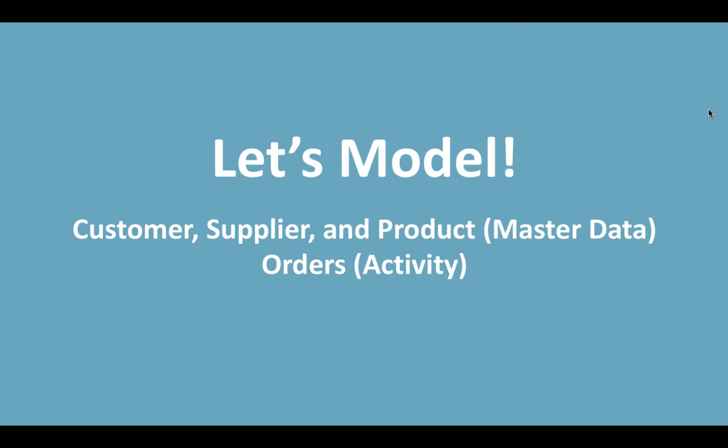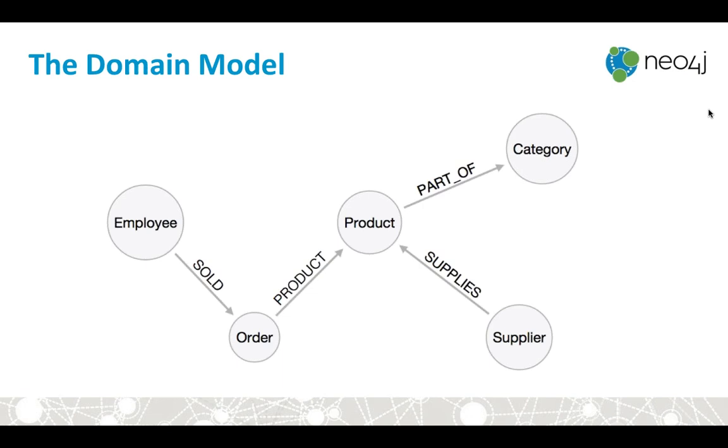So let's model some more business data instead of talking about Dan loving Ann, which is probably a little more fun depending on who you are. But let's talk about actually modeling customers, suppliers, and products and orders. These different types of data are popular in many types of businesses, pretty much every type of business. And this is an example use case for master data management.